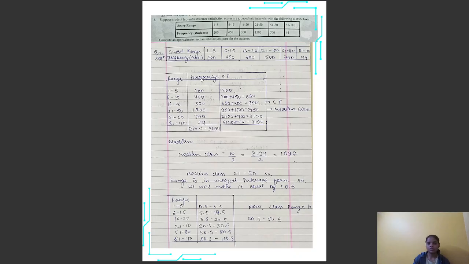Now, from the given frequency we will calculate our cumulative frequency. Initially our frequency is 200. When we add the next frequency 450 we get the cumulative frequency. By doing this we get the cumulative frequency for all the classes.